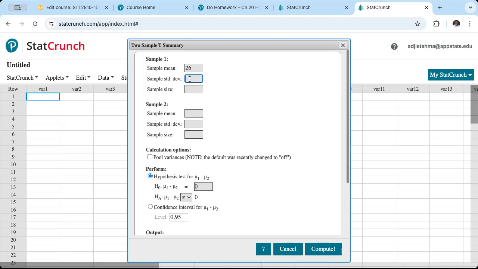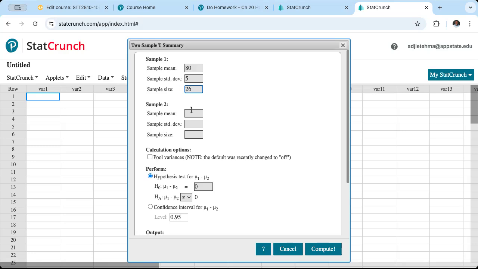So for me, my sample one was smokers. So my sample mean was 80. You have to read this. So sample mean, mine is 80. Sample standard deviation is 5. Sample size is 26.